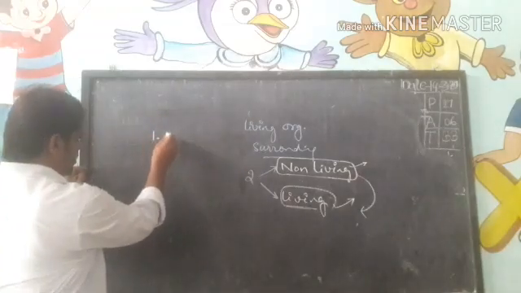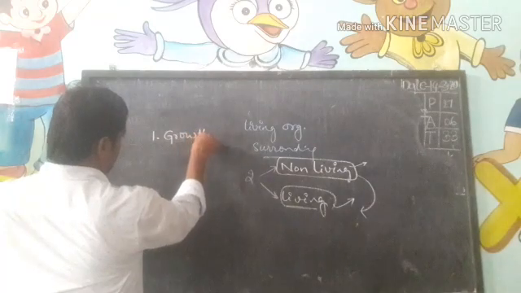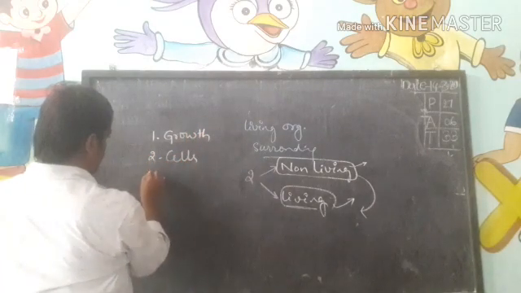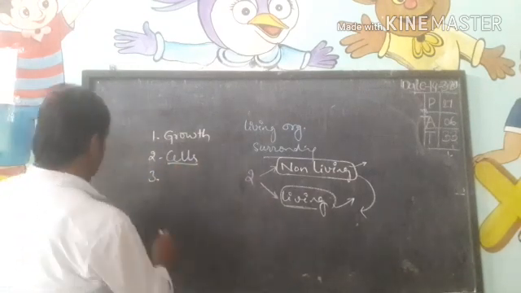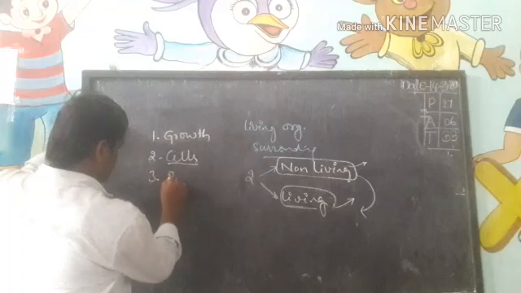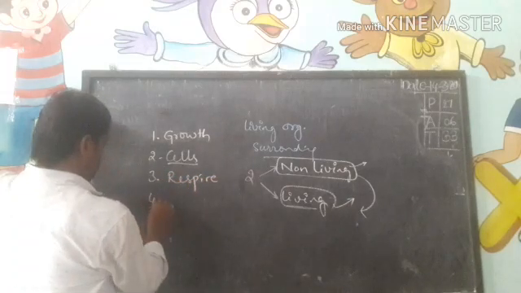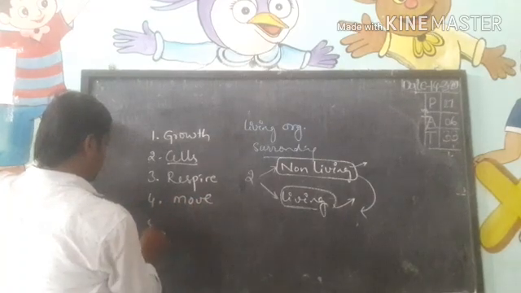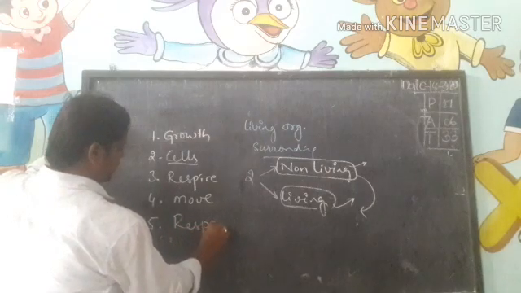Number one, it shows growth. Number two, it is made up of cells. Number three, it respires. Number four, it can move. Number five, it shows response. This is very important.